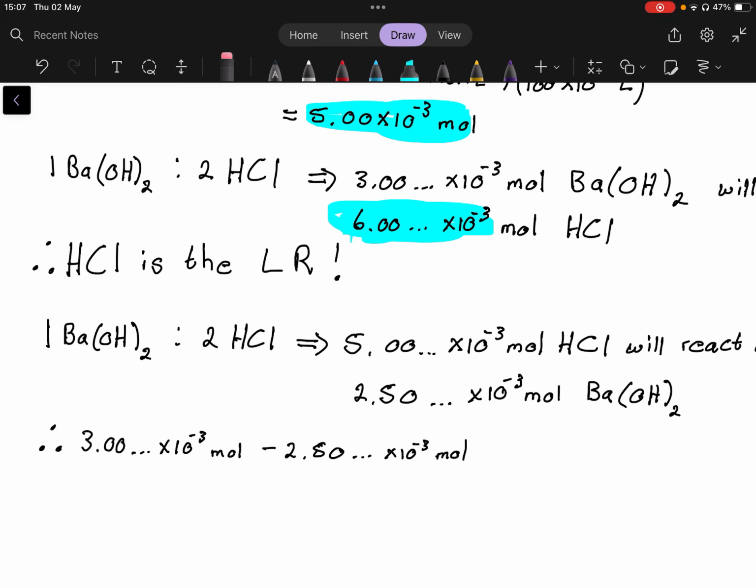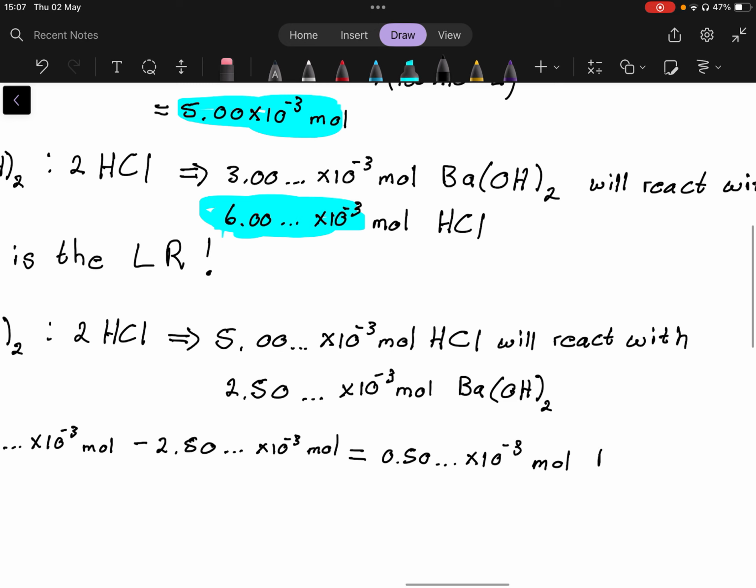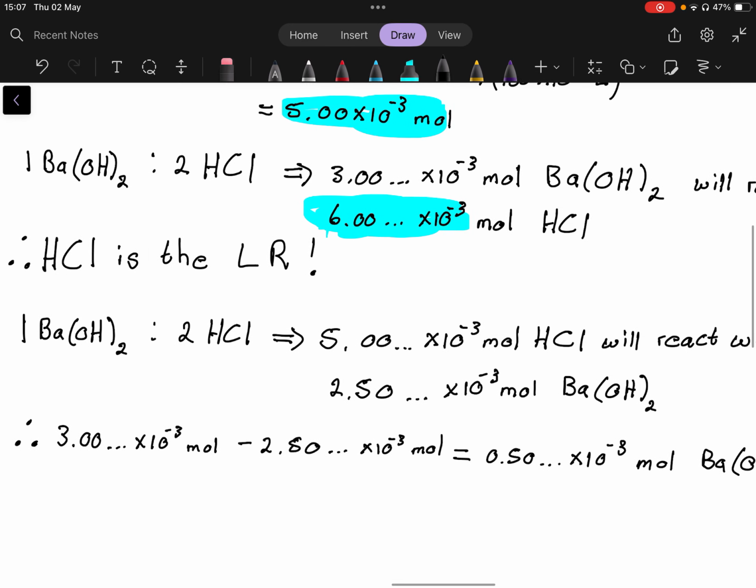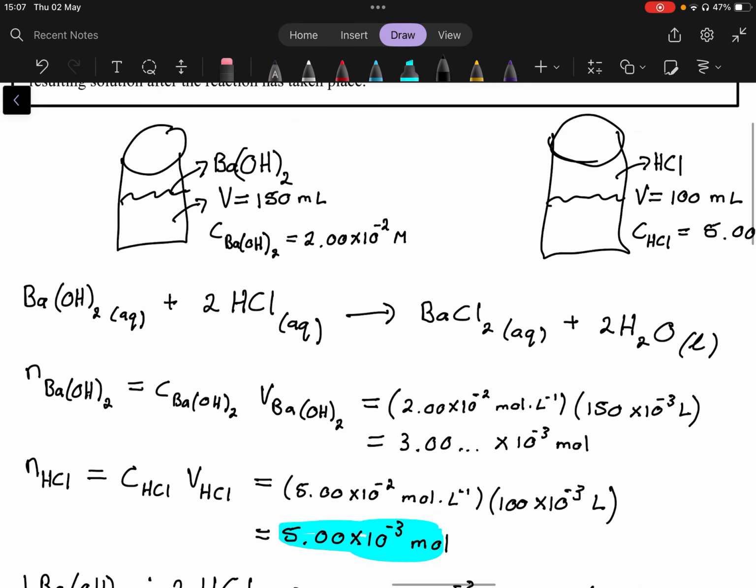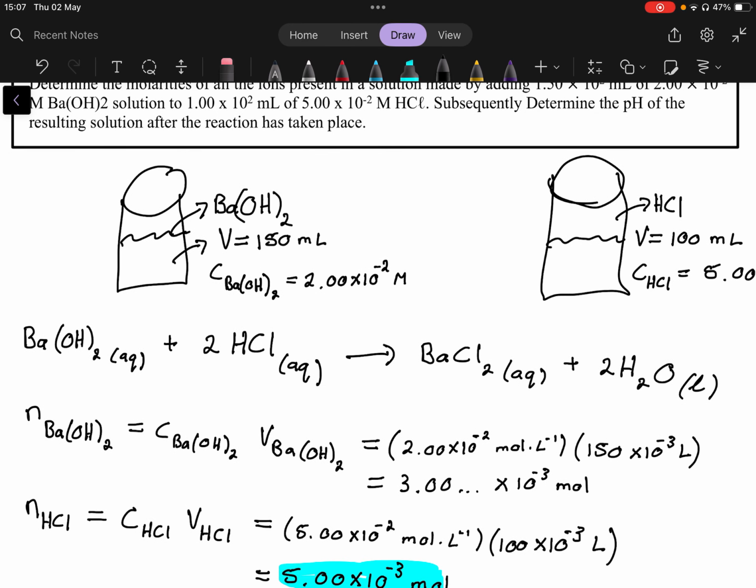Now let's work it out. It is equal to 0.50 times 10 to the negative 3 mole barium hydroxide left after reaction.